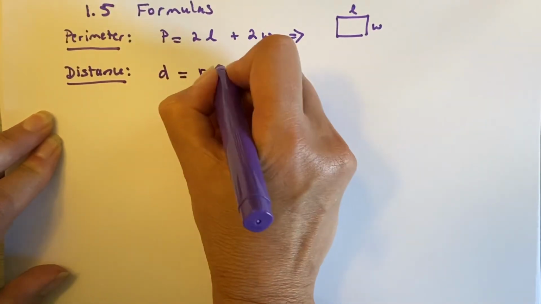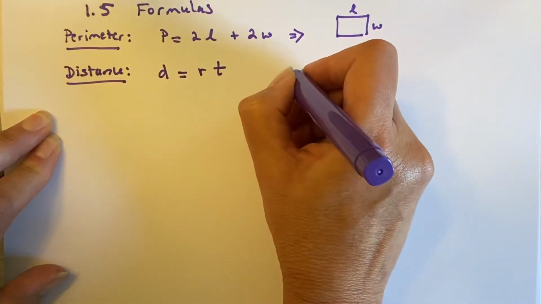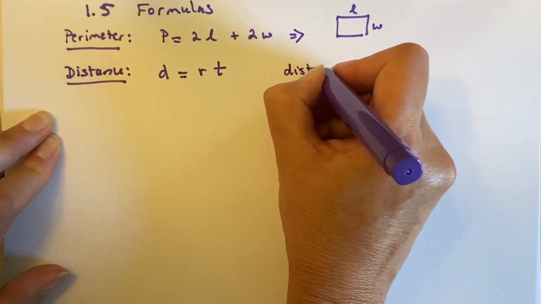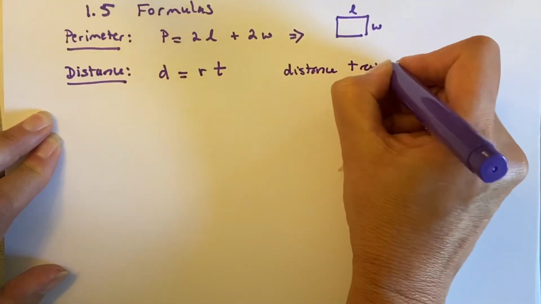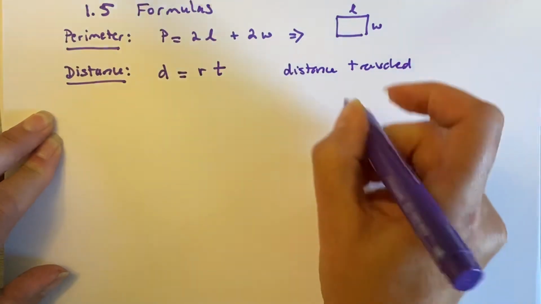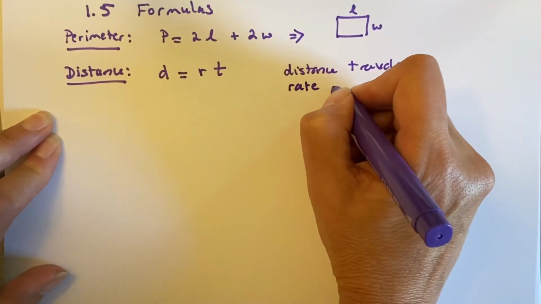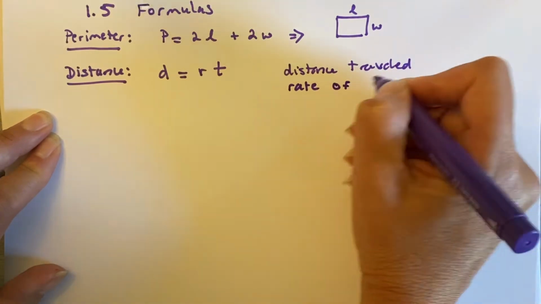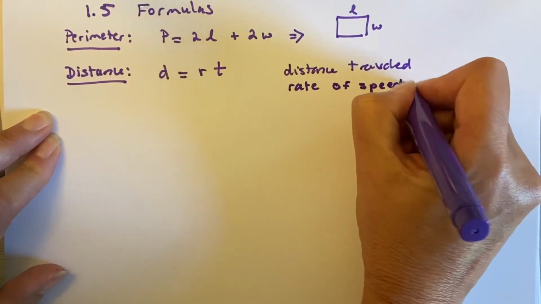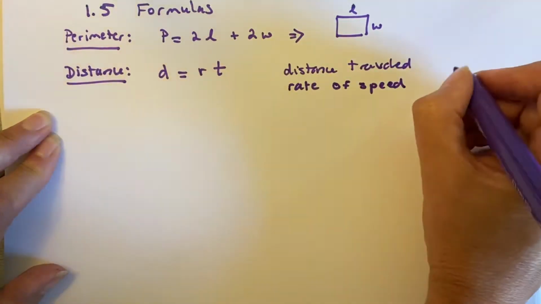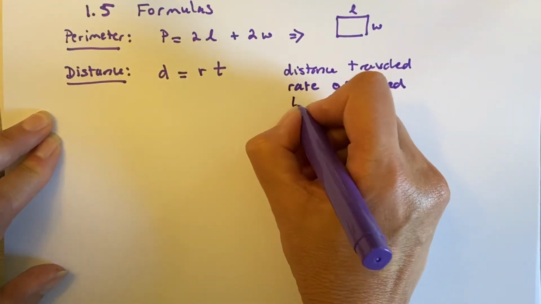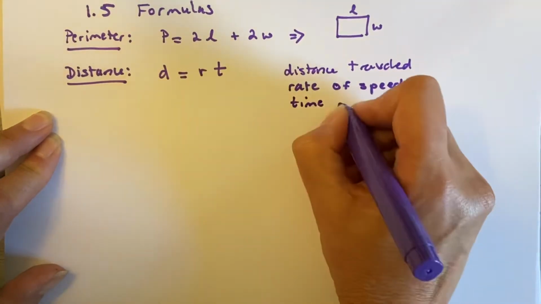Distance equals rate times time, where distance is distance traveled, as if you're in a car. Rate is your speed, basically, rate of speed, usually average speed, and time is time of travel.